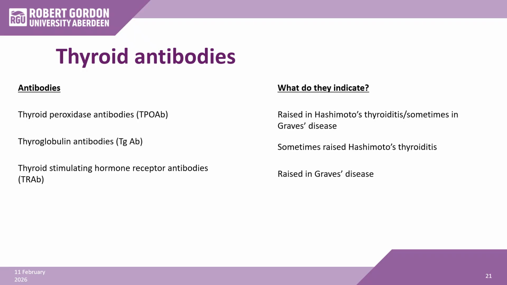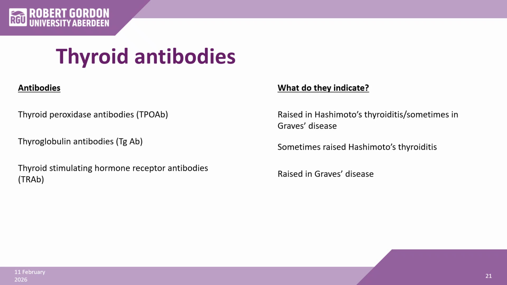When it comes to the thyroid antibodies, it helps to distinguish between autoimmune causes of thyroid diseases. So we have the thyroid peroxidase antibodies, typically raised in Hashimoto's thyroiditis and sometimes in Graves' disease.